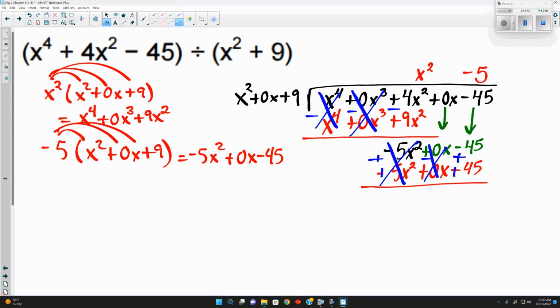Negative 45 plus 45 is 0, so the whole thing became 0. So what's our remainder? X squared minus 5 is the answer. So if we don't have a remainder, it's just what was on top. That's our answer. Questions on any of this here? Not too bad?